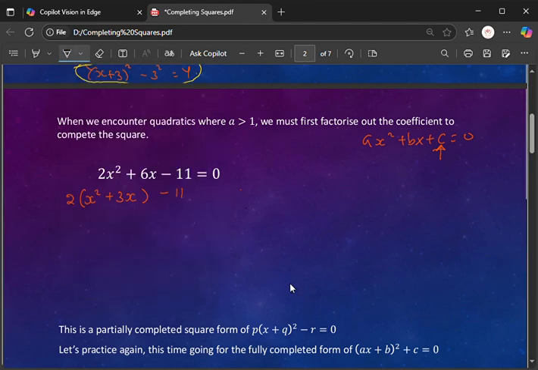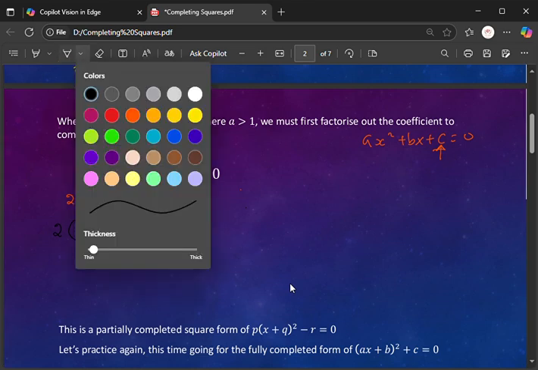So basically we have this. Now we are going to concentrate on this. So we are going to halve the coefficient of x, not forgetting the 2. So let's do this. We have a 2 outside. And I need a bright color. I think I'll stick to yellow because of the background.